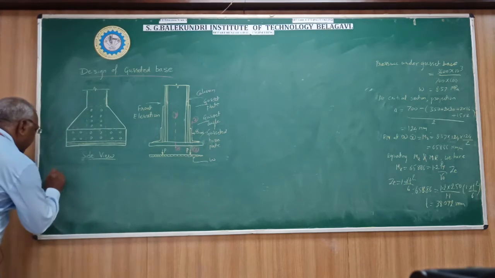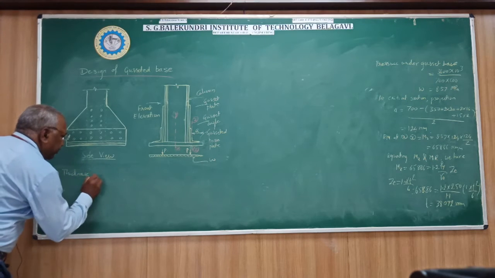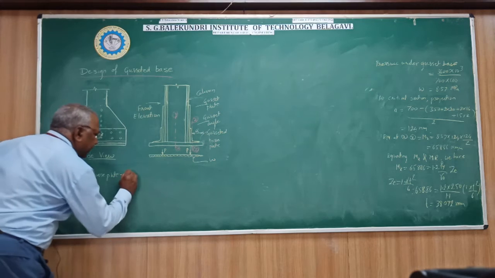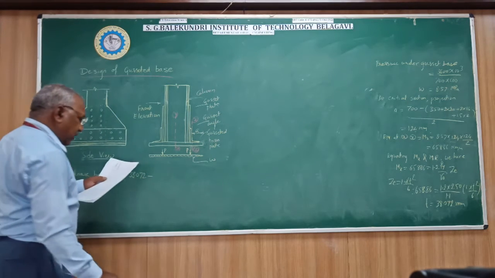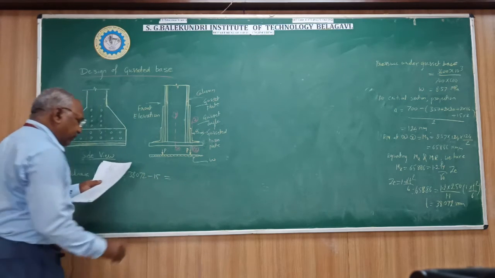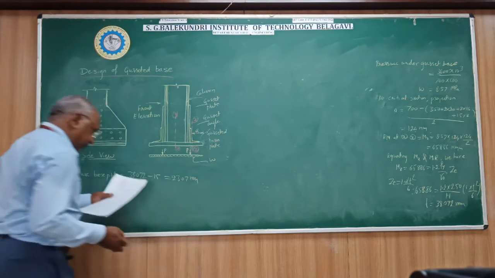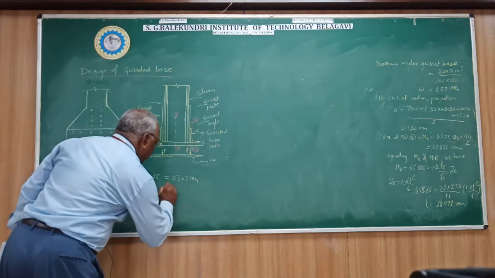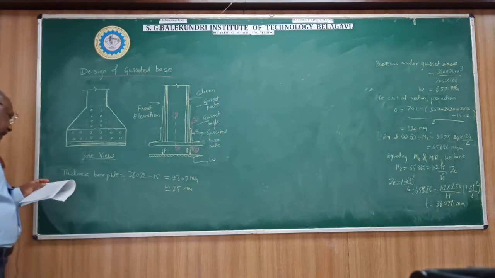Therefore the thickness of the base plate equals 38.072 minus 15, so it comes out to be 23.07 mm. We can take 25 millimeters, rounding off to the next higher number.